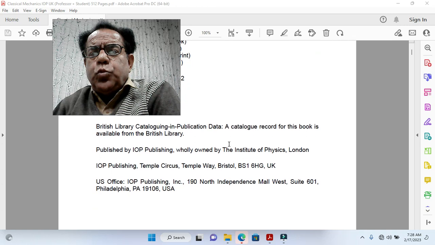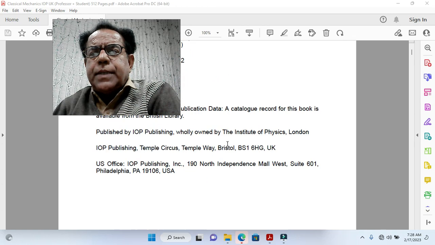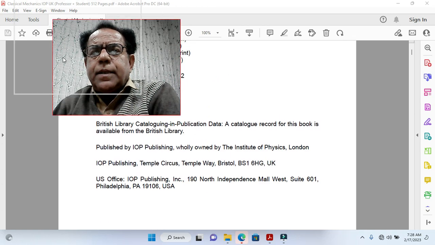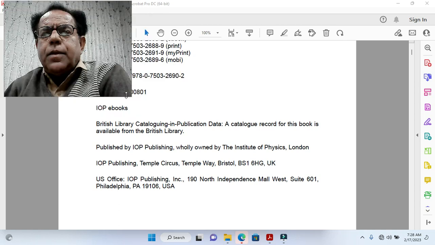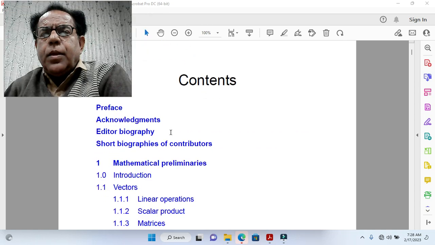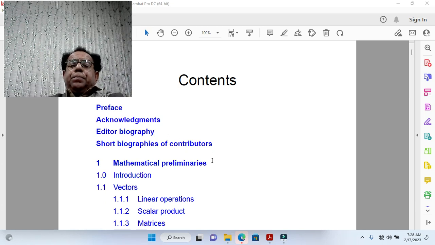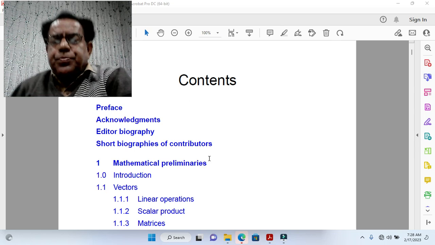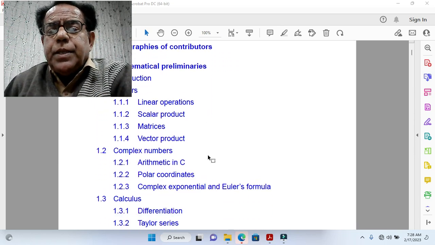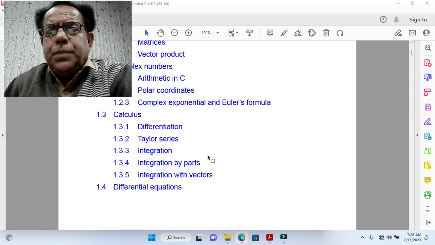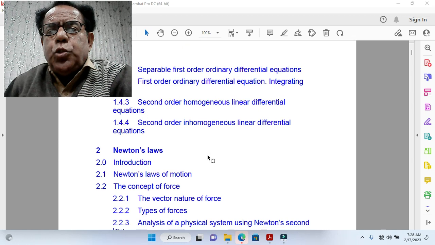Now we move to its contents. Yes, these are the contents. Chapter number 1, mathematical preliminaries. Chapter number 2, Newton's laws.